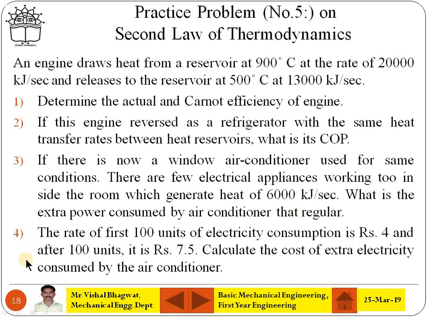The rate for the first 100 units of electricity consumption is ₹4, and after 100 units it is ₹7.5. Normally this is a situation in urban areas, where the first 100 units are charged less and more than 100 units you are charged more. So you have to calculate the cost of extra electricity consumed by the air conditioner.